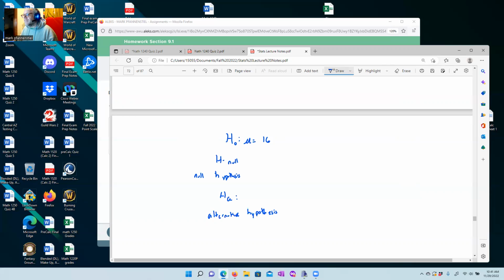If it's a two-tailed one, that means it could be upper or lower. From the cereal manufacturer's point of view, you really want the customer to get that 16 ounces. You don't want to give them more because you're losing money, and you don't want to give them less because you'll get sued for false advertising, and that costs you money too.